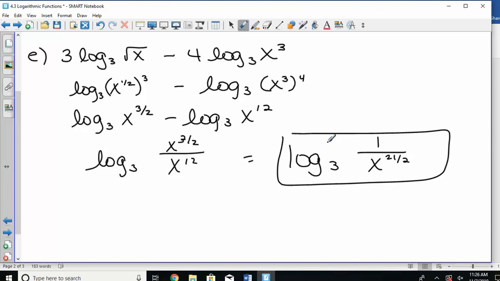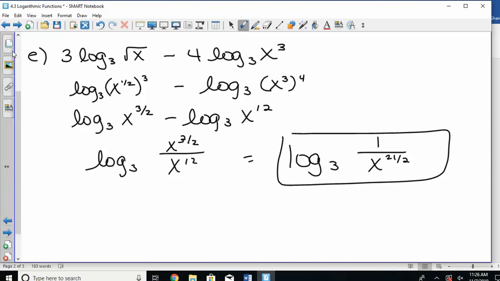One last type of problem I want to talk about. There is a section on the homework that's going to give you some values of logs in the directions, and then ask you to simplify some things. So it's asking you to essentially use your properties to break those down.